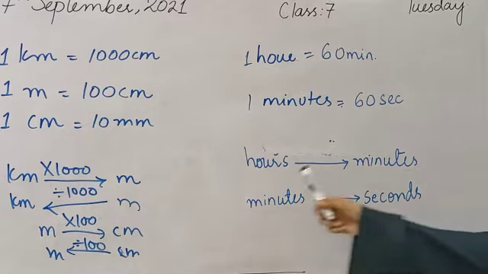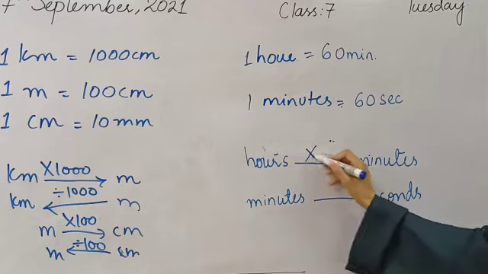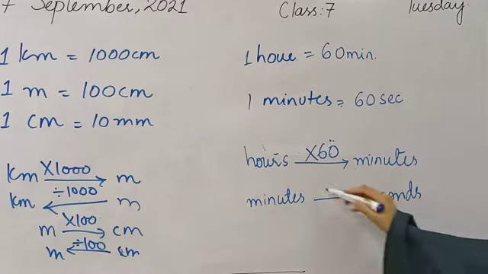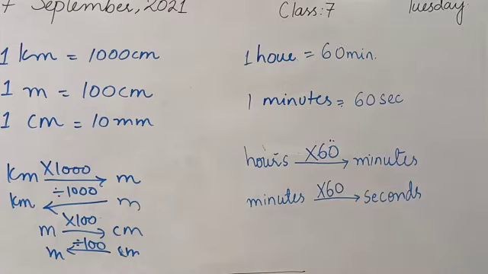To convert hours into minutes, you will multiply by 60 and vice versa. To convert minutes into hours, what will you do? You will simply divide. Okay? Now to convert minutes into seconds, you will multiply by 60 and vice versa.